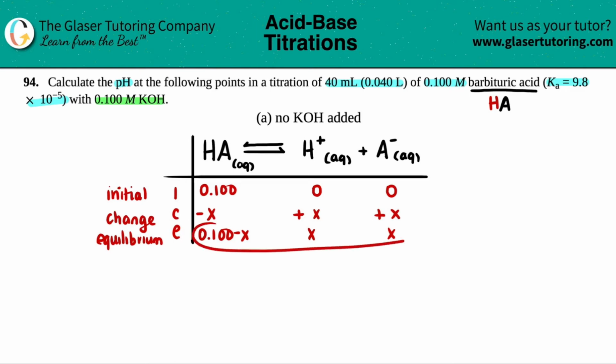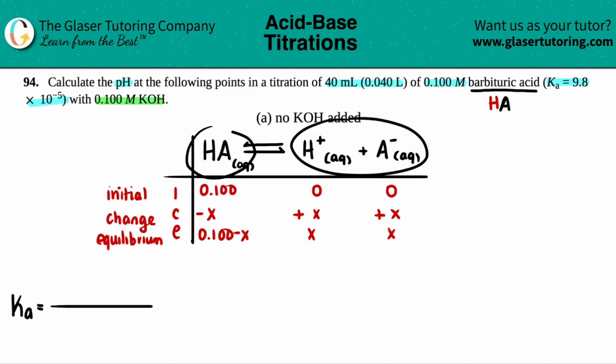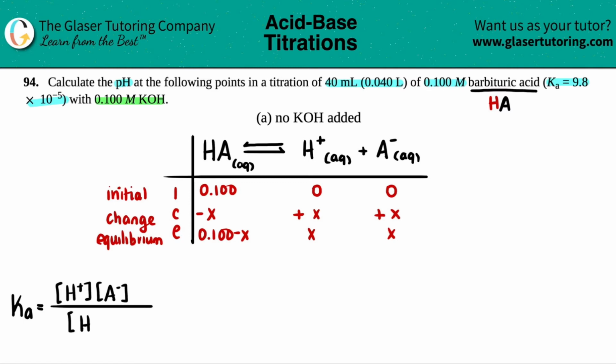And then we're just going to plug in those equilibrium values into the Ka expression, right? If we had to write a Ka value, remember Kas are concentration of the products divided by the reactants. So there's 2 products here that are aqueous. It's the H plus times the A minus. And then we divide that all by the generalized acid HA.